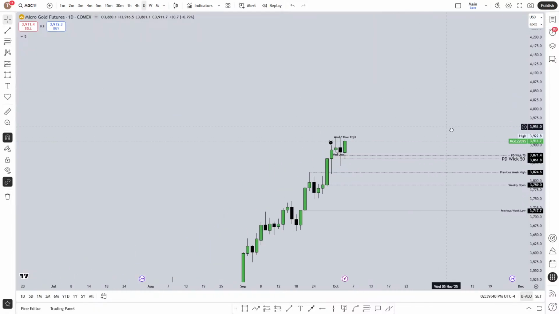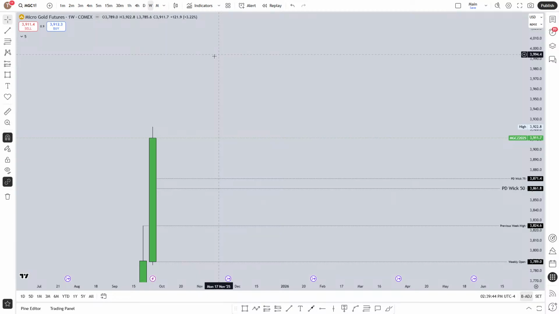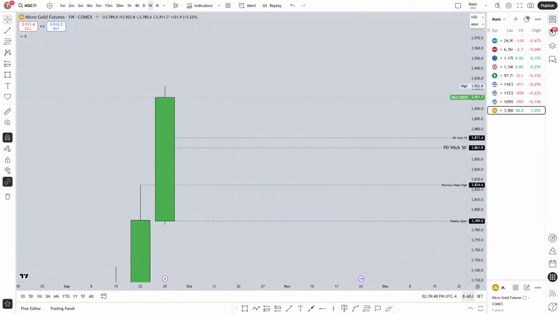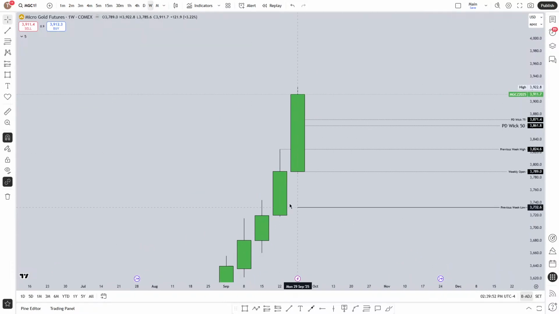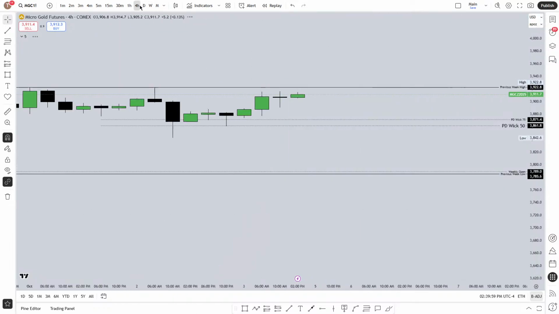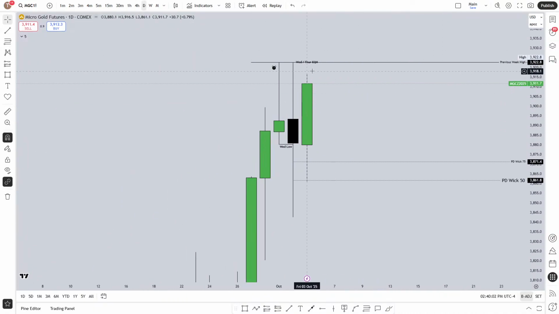And gold. Yeah, gold's obviously bullish. Should not be looking at shorts here.